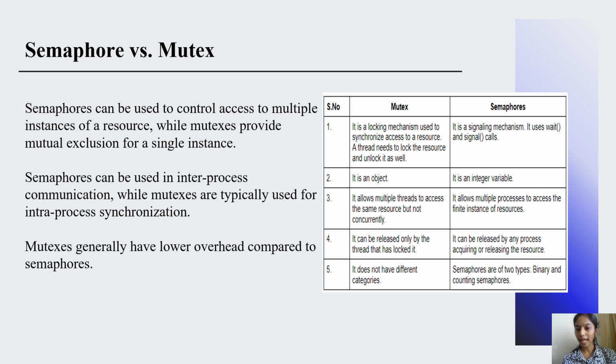Semaphore: it can be released by any process acquiring or releasing the resource. Mutex: it does not have different categories. Semaphores are of two types: binary and counting semaphores.